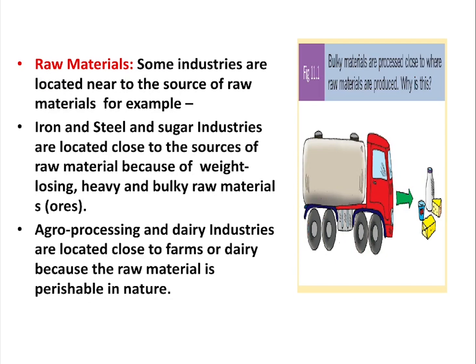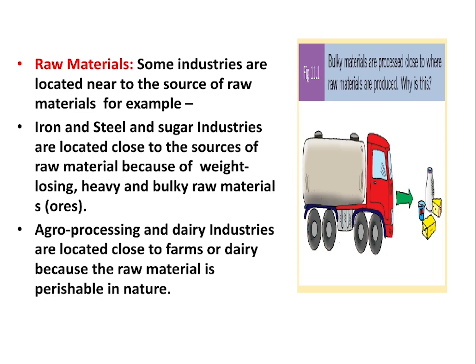If we locate an iron and steel industry far away from the raw material, for example, if we transport 10 trucks of iron ore from the raw material site to the industrial site, and after processing that iron ore into iron and steel we finally get only 2 trucks of iron, then the remaining 8 trucks are a waste of money, because the raw material is weight losing. For that reason, they have to locate near the source of raw materials.